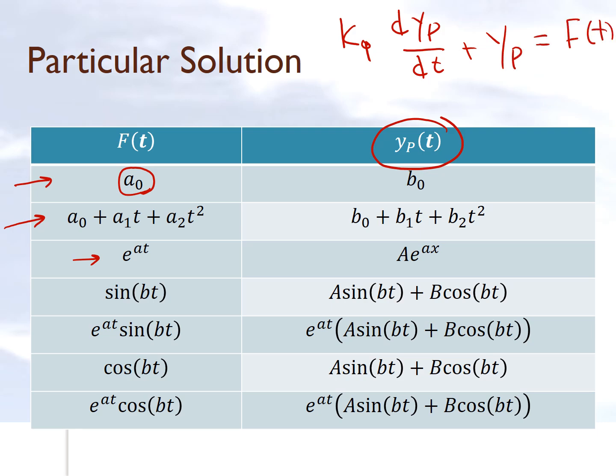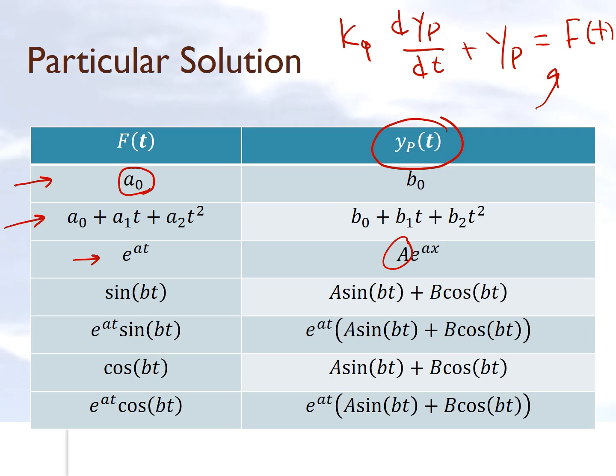We'll substitute this proposed yp into that differential equation and solve for those parameters p0, p1, p2, or this big A that validate this equation. In the next video, we are going to see an example to reinforce the solution method for the first order differential equation.